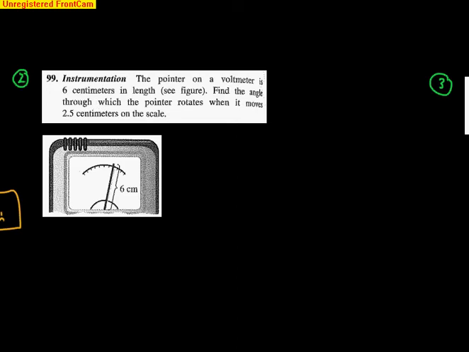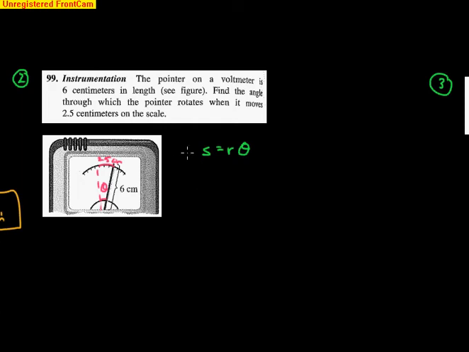So what it's saying is, okay, so I'm 6 centimeters long. When it moves 2.5 centimeters, what is this angle that you're moving through? What's that theta? So the 2.5 centimeters is an arc length. This is an arc length problem. Arc length equals radius times theta.